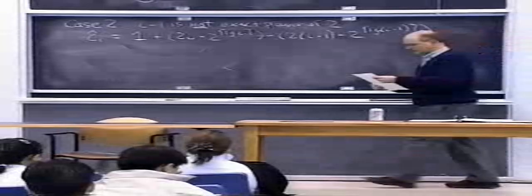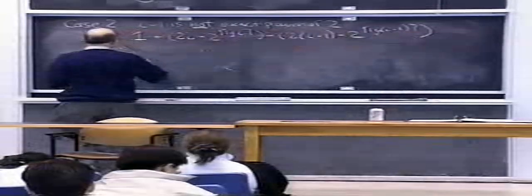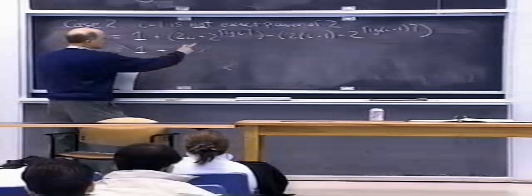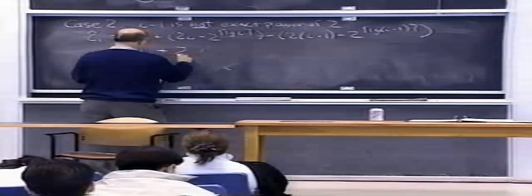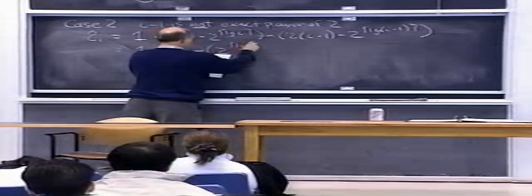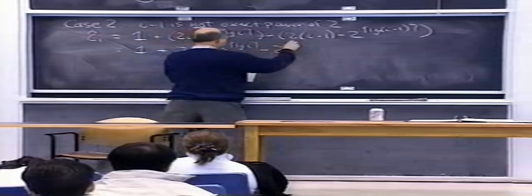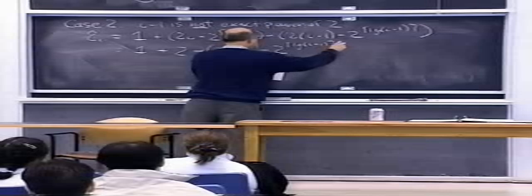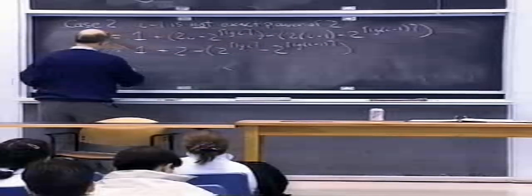And so that's equal to 1 plus, well, we still have the same 2 here, minus 2 to the log I minus 2 to the ceiling of log of I minus 1. And what's that equal to now?